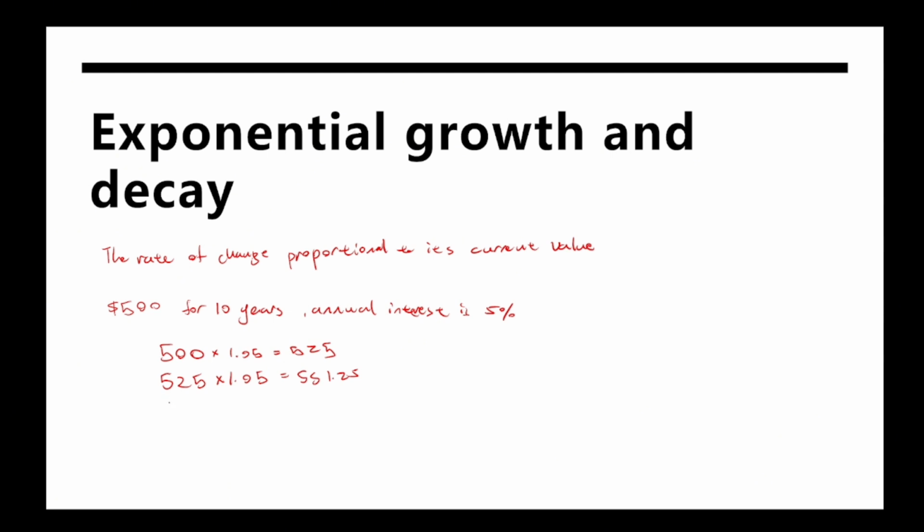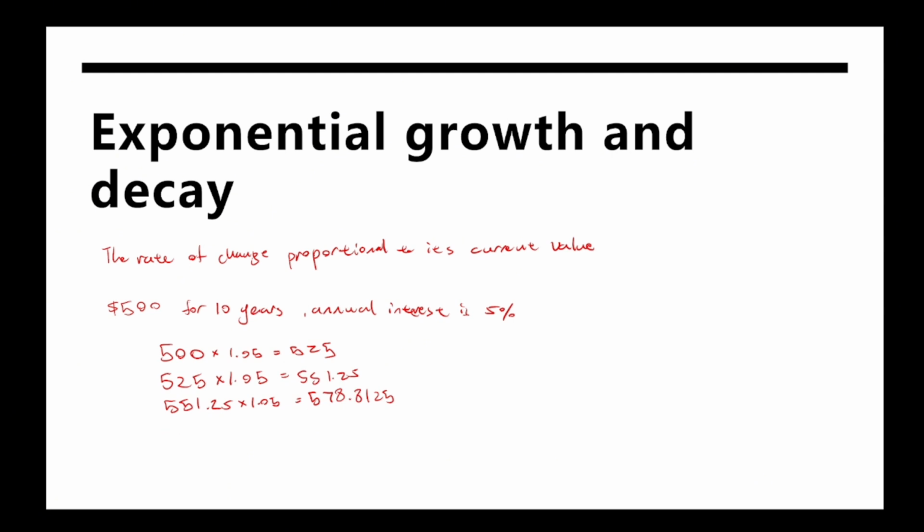And the third year, it will be 551.25 times 1.05, which is 578.8125. You can see the pattern here.